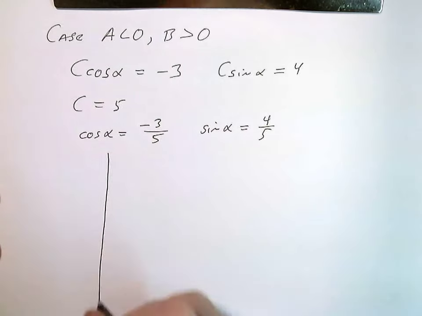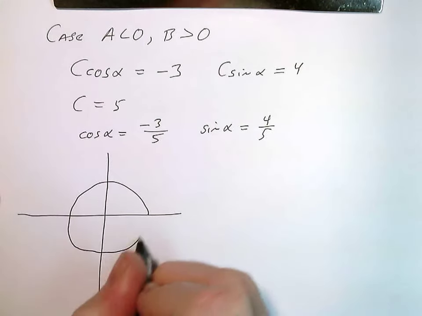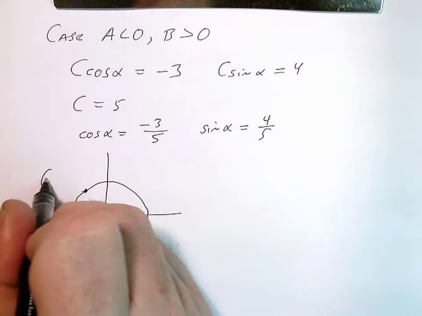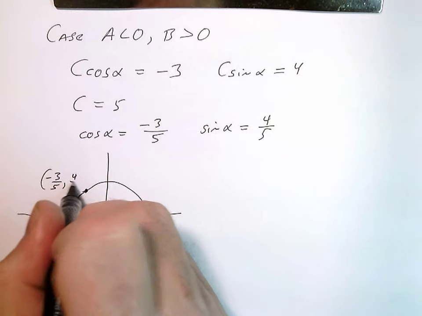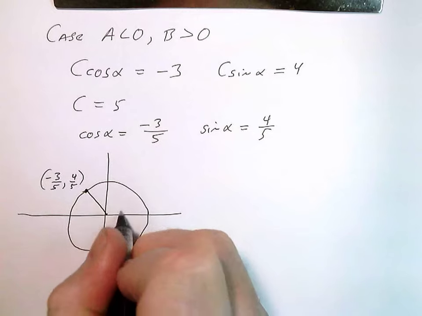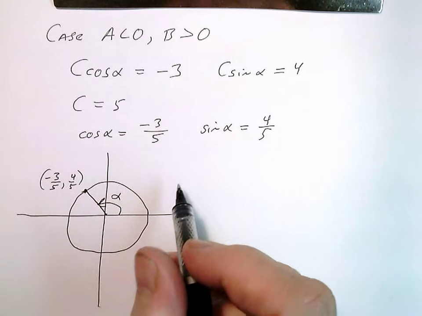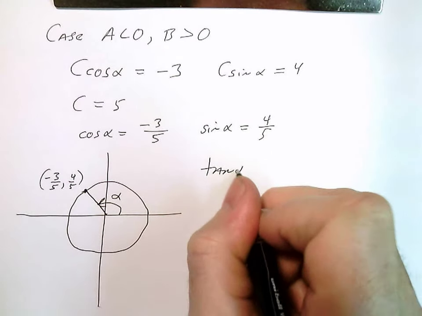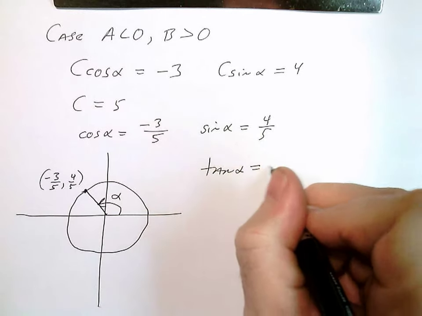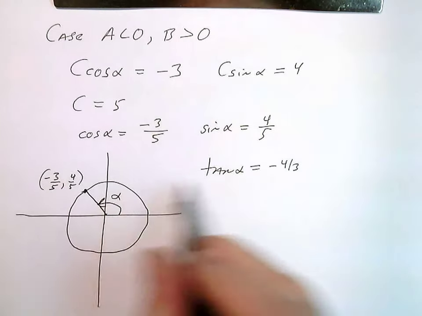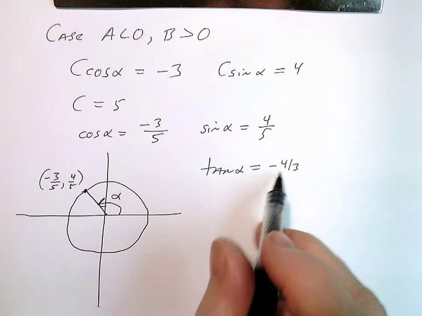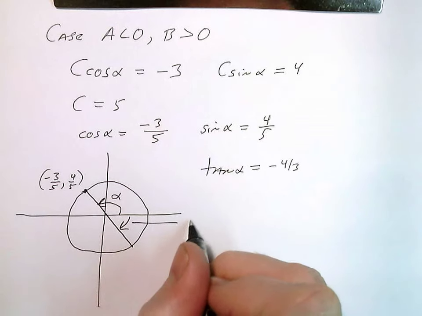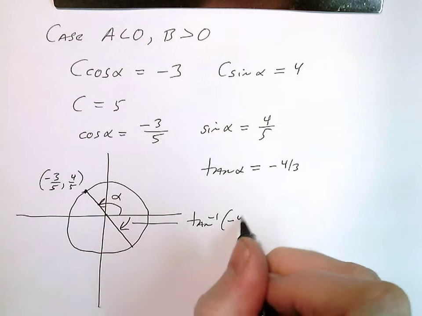So again, I think about my unit circle, but now I have this point here, so -3/5, comma 4/5. So this is my alpha right there. But this arctangent, so I know my tangent of alpha is going to be -4/3. Alpha here, though, is not the arctangent of -4/3. The arctangent of -4/3 is right here.